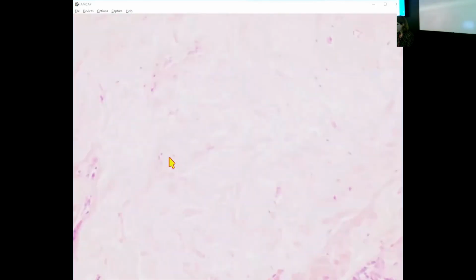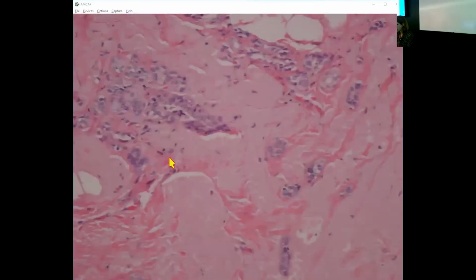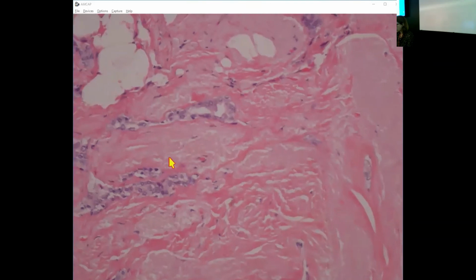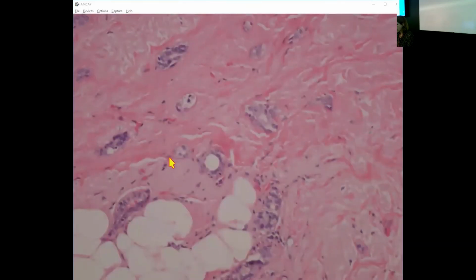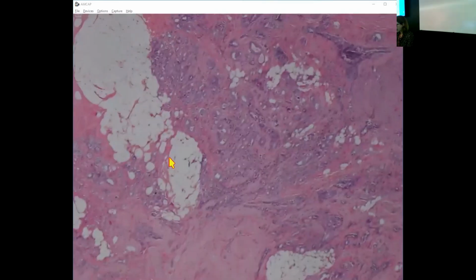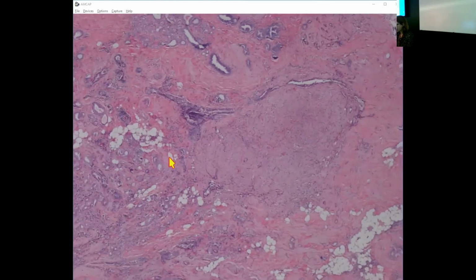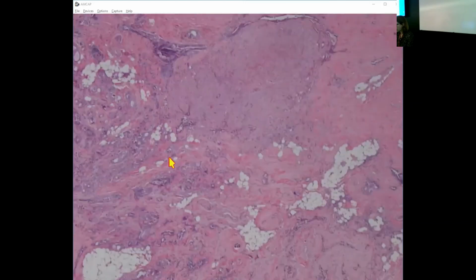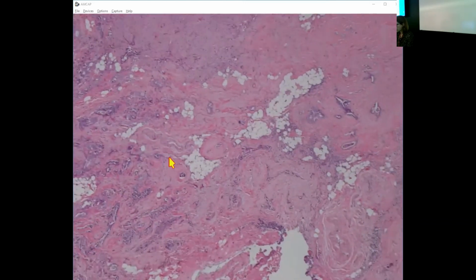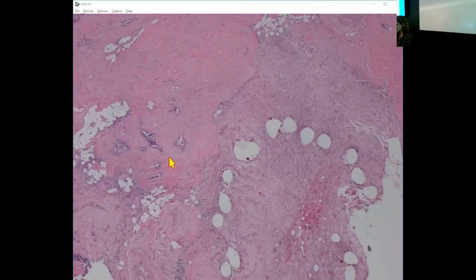So when they're involved by DCIS, as in areas of this case, it can be really challenging to decide how to manage them. And I think myoepithelial cell markers become critical in cases like that. Now, in the biopsy site, myoepithelial cell markers aren't always going to help you. And as I say, I'll talk about that issue later on.